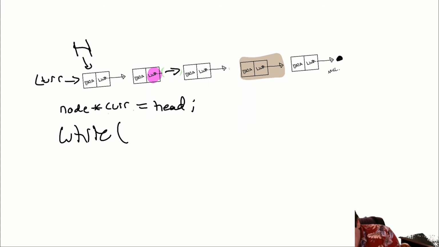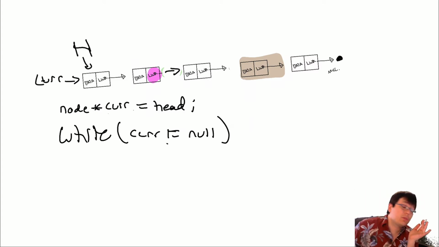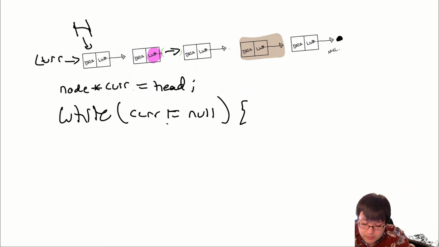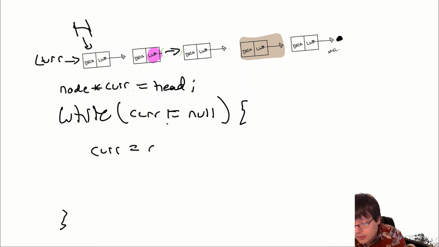Now I go ahead and say while cur is not equal to null, which is the case except if the list was empty and the head was null. While cur is not equal to null, if you just want to traverse the list and do nothing, you would basically say cur gets cur link.